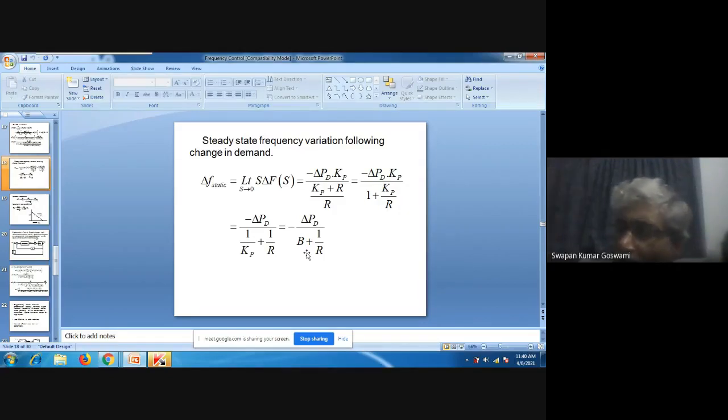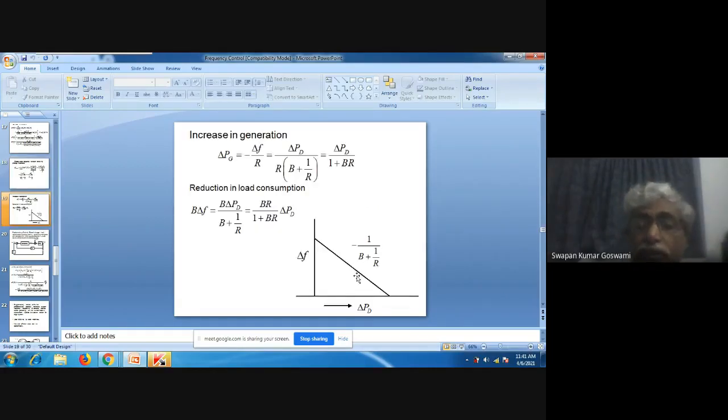That means governor action alone cannot bring the frequency back to normal value, because any increase in power demand will result in variation in frequency. If the demand decreases, frequency will increase. If the demand increases, frequency will decrease. It is certain to follow the variation in power demand.